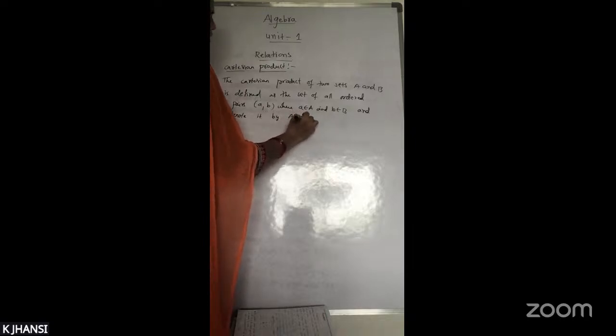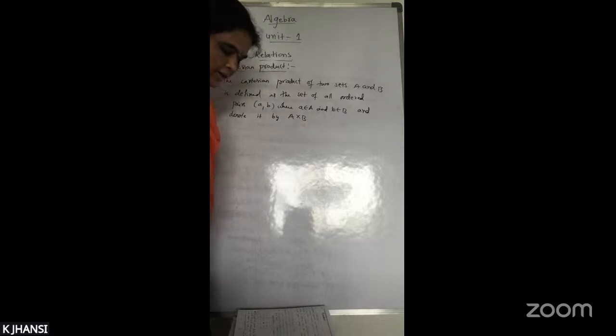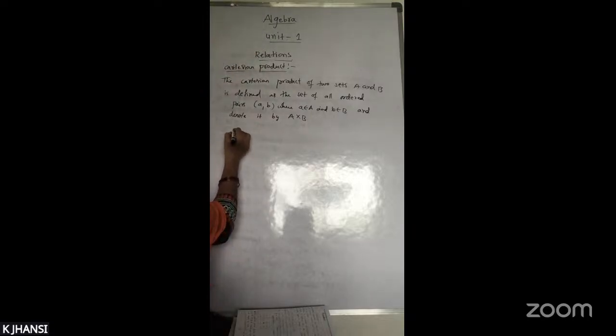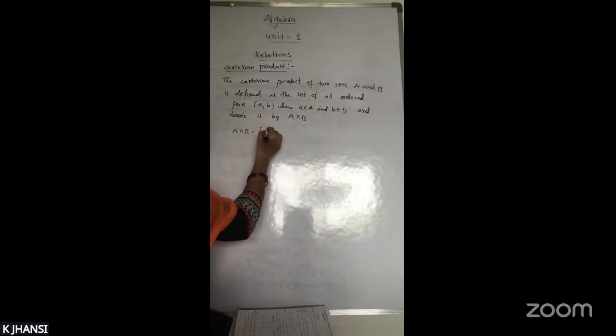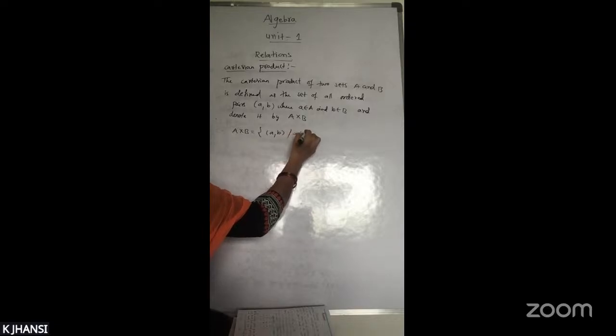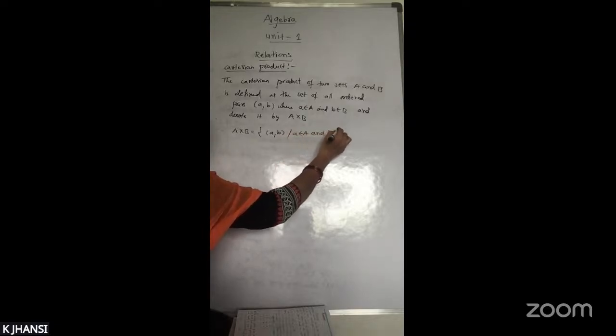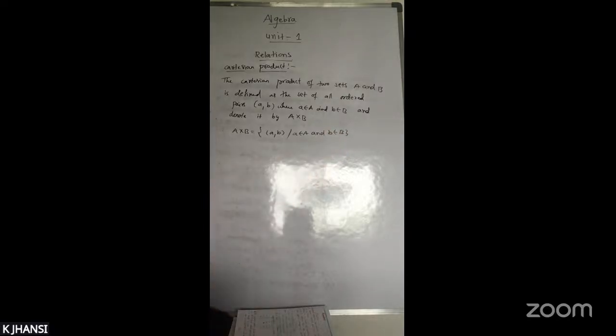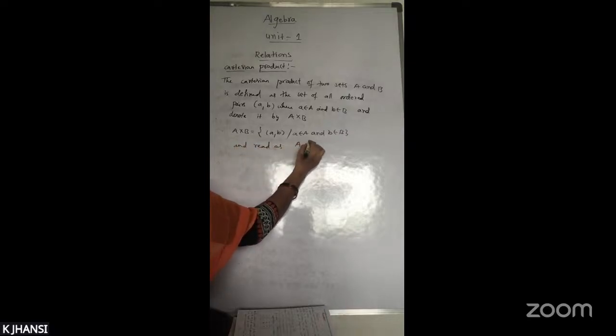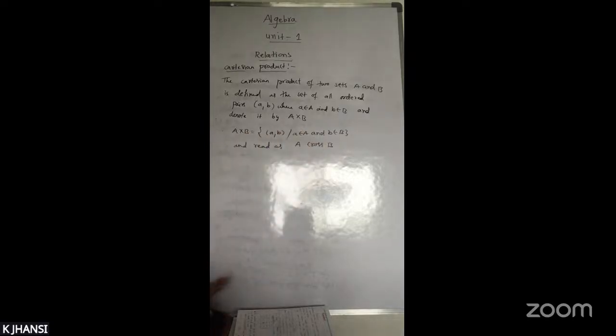We denote it by A cross B. So A cross B is equal to, in set builder form, the set of all ordered pairs (a, b) such that a belongs to A and b belongs to B, and we read it as A cross B. Okay, this is the definition of the Cartesian product.